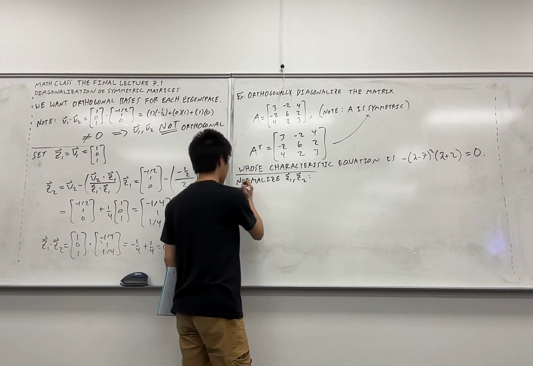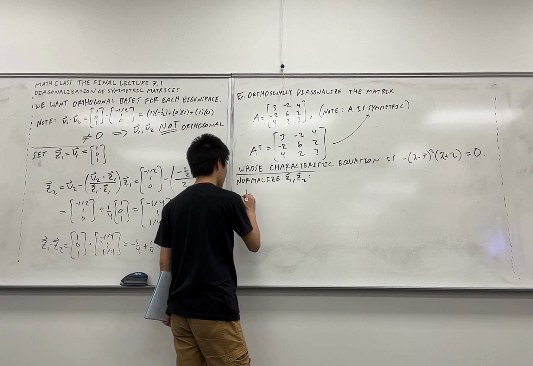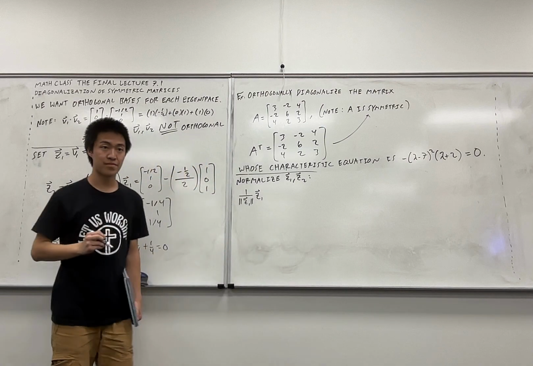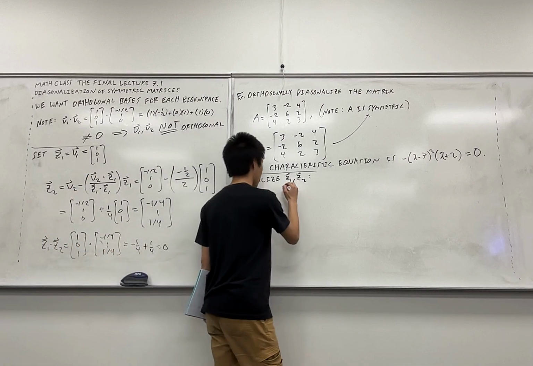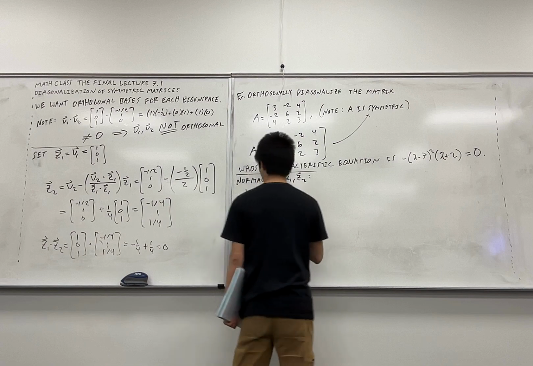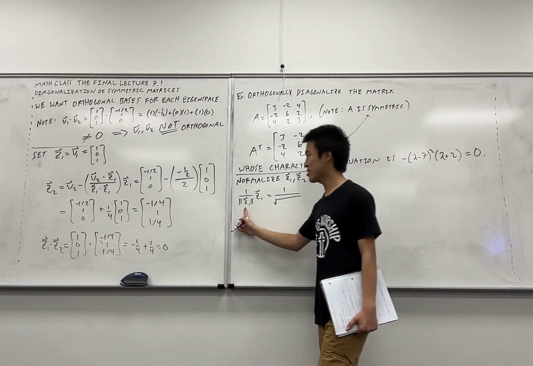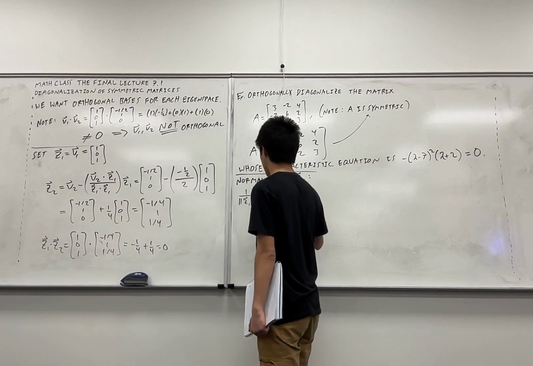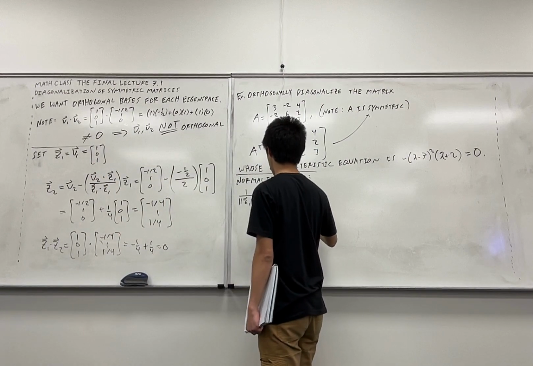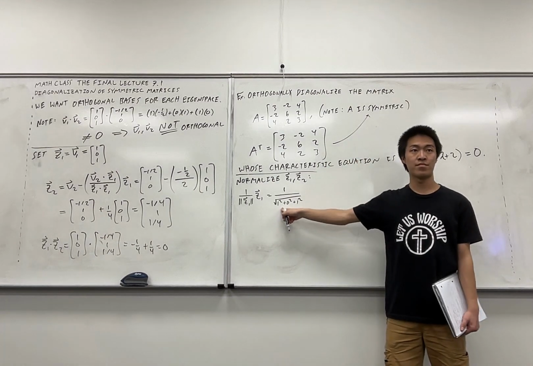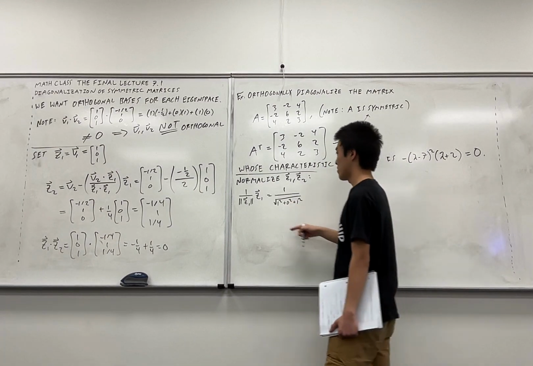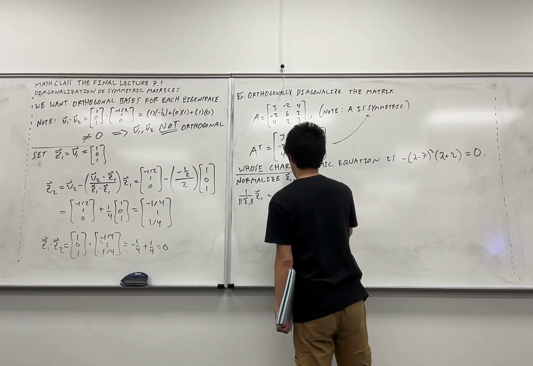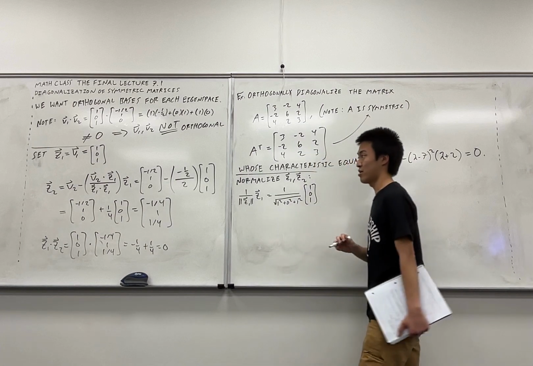With Z1, here's exactly what you would want to do: 1 divided by the length of Z1 times my Z1 vector. Z1 is 1, 0, 1. So it's 1 squared plus 0 squared plus 1 squared in my length formula, all under the square root, times 1, 0, 1, because that's the vector that I'm adjusting.